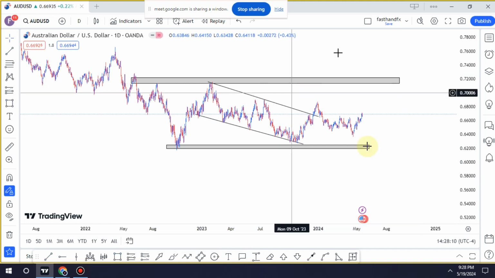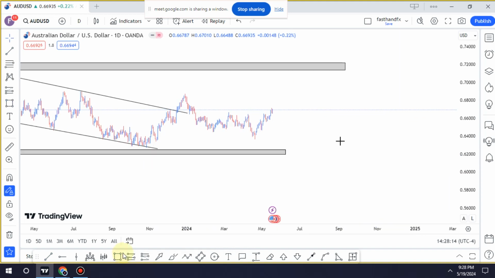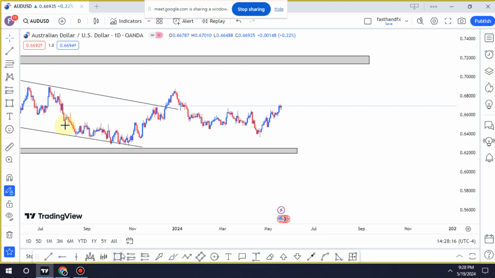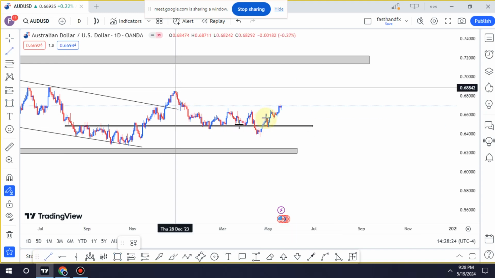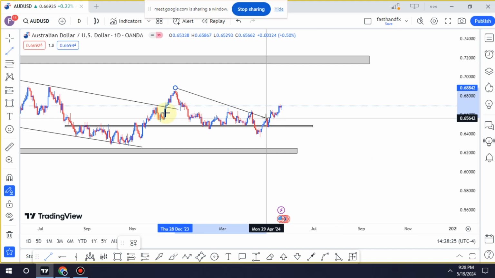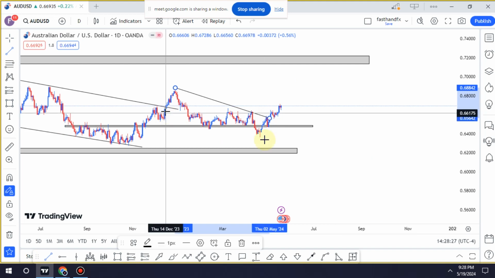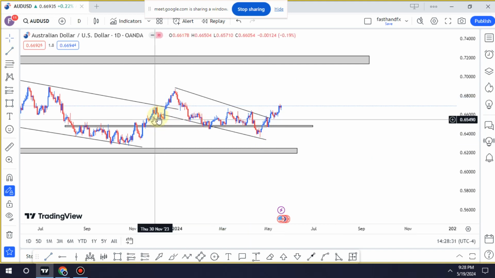Now if you look at this level right here, we might consider this as a support. And if you look at this properly, this is also another continuation pattern, something like that. Now those are just bullish flags.